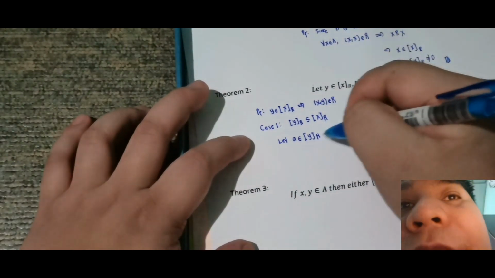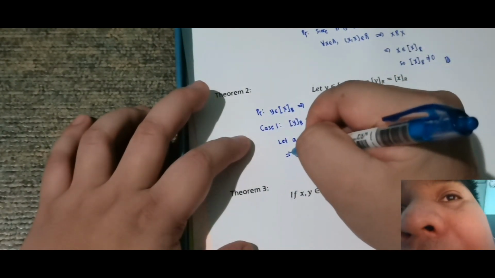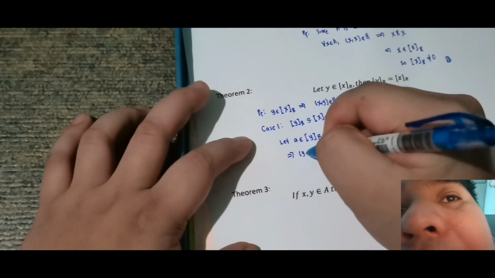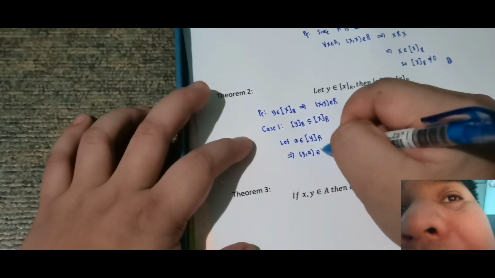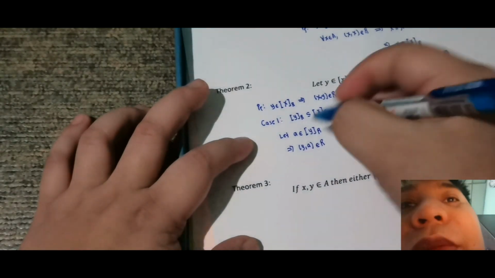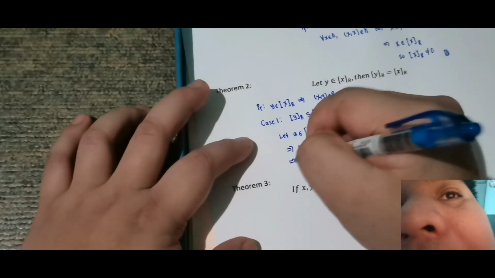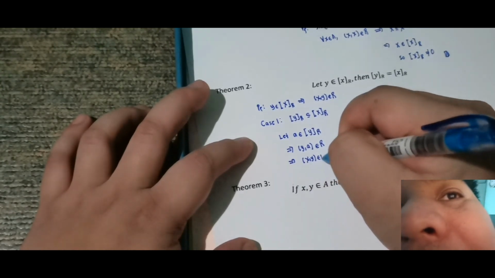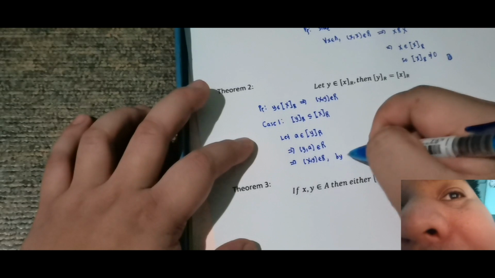This implies that y, a is an element of R. By assumption, we have x, y is an element of R. This is by assumption.